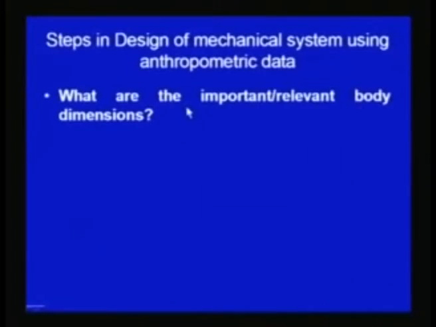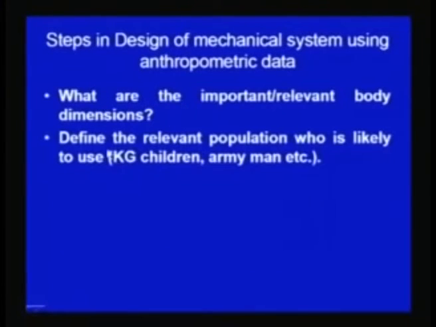So, according to the type of body part required to operate the mechanical system, the dimensions of the body parts are kept in mind while designing a mechanical system, and defining the relevant population who will be using a given mechanical system.